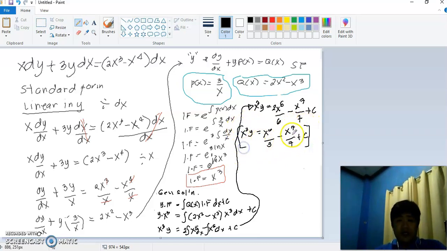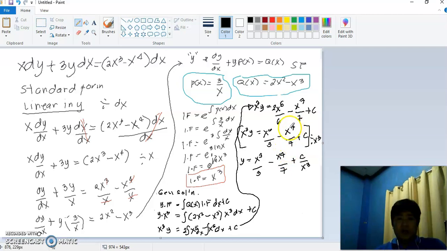We can divide both sides by x cubed. So y is equivalent to x raised to the power of 6 divided by x cubed, that is x cubed over 3, minus x raised to the power of 4 over 7, plus c over x cubed.